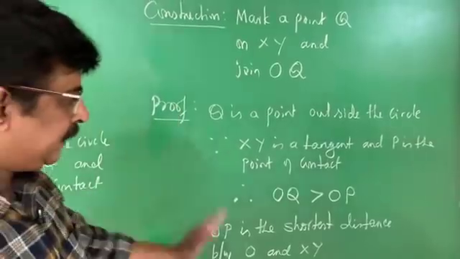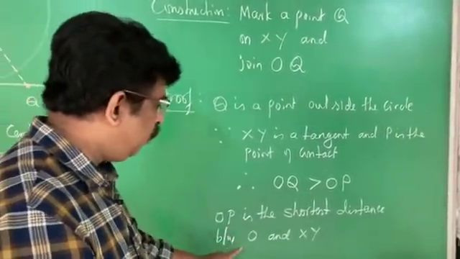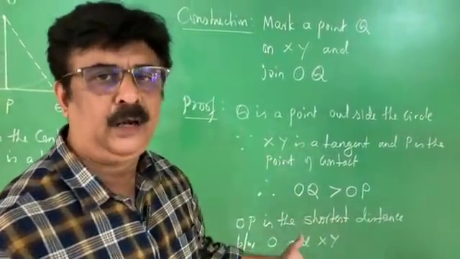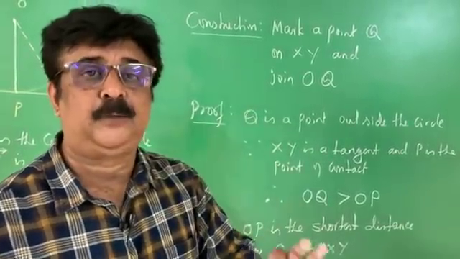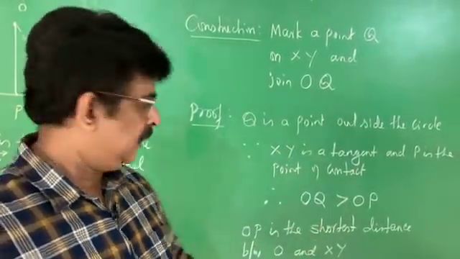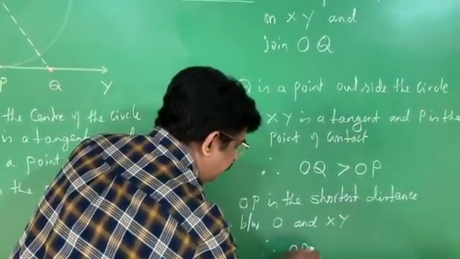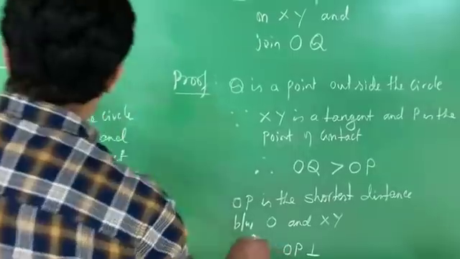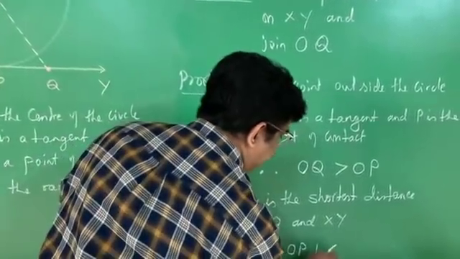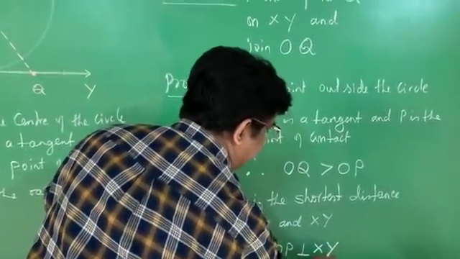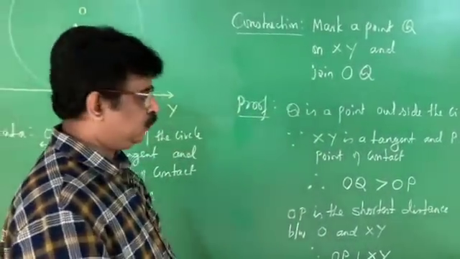And you all know that the shortest distance should always be perpendicular. Therefore, OP is perpendicular to XY. That ends the theorem. OP is perpendicular to XY.